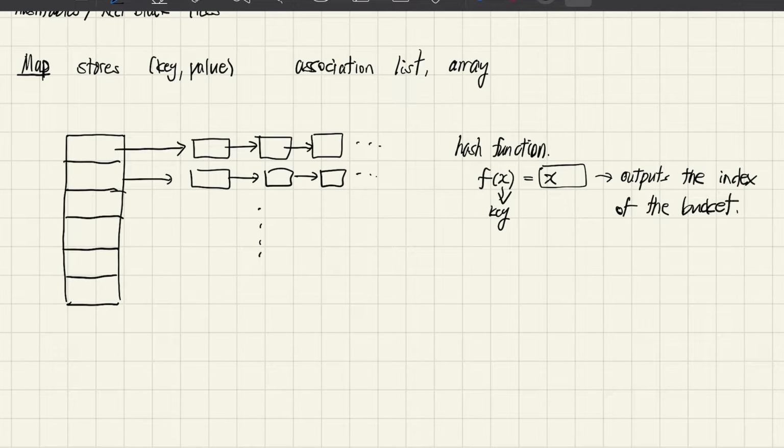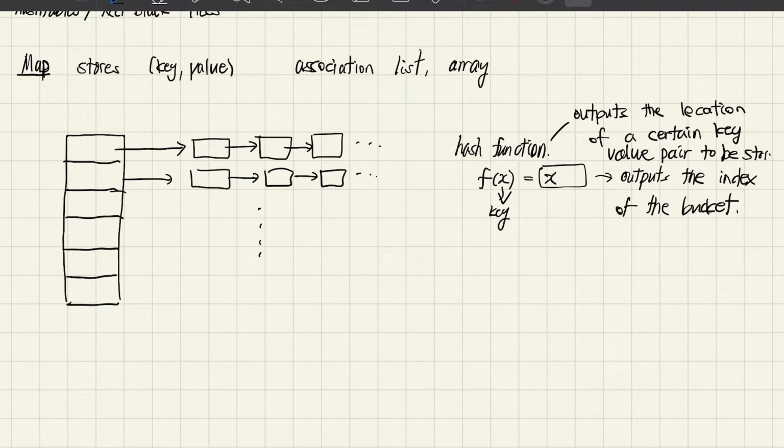So basically a hash function outputs the location of a certain key value pair to be stored.